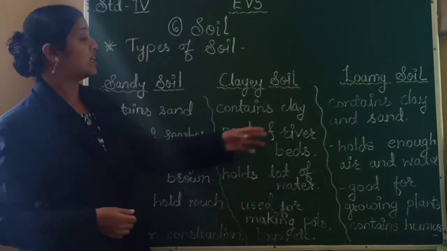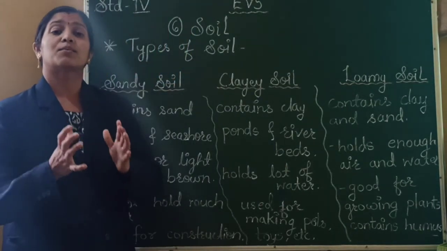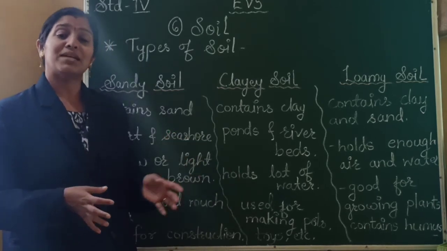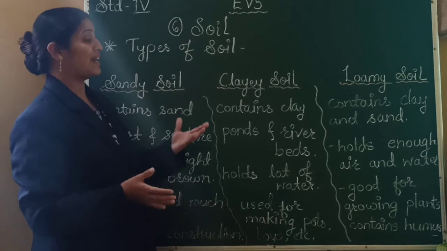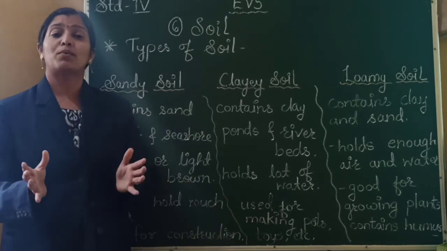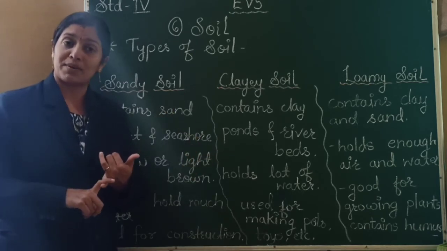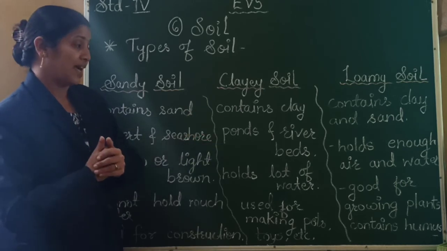The next is the loamy soil. So loamy soil contains both the clayey soil and the sandy soil. It means that loamy soil is a mixture of clayey soil and sandy soil, and that is why it has the properties of both these soils, that is good holding capacity for water as well as good holding capacity of air.